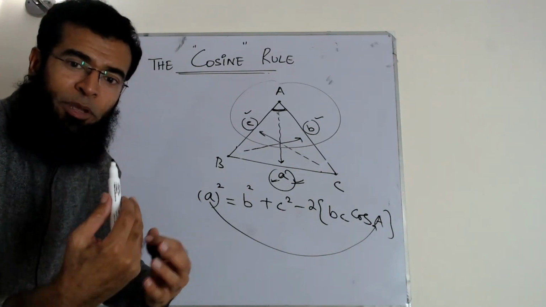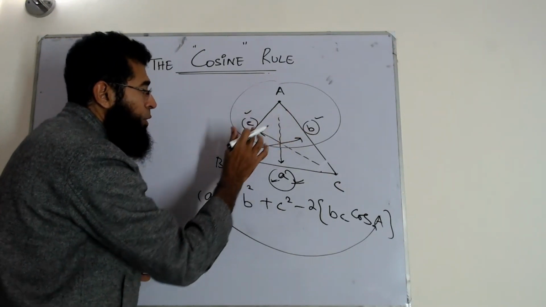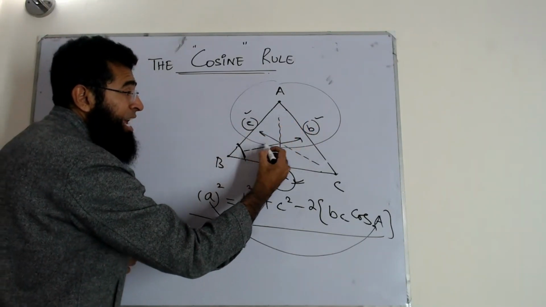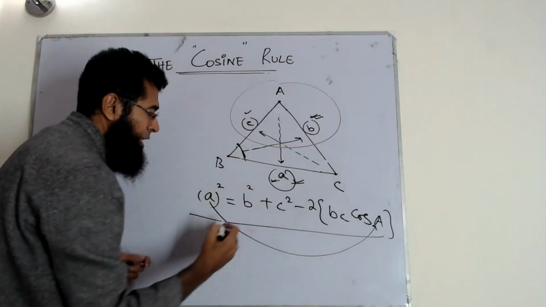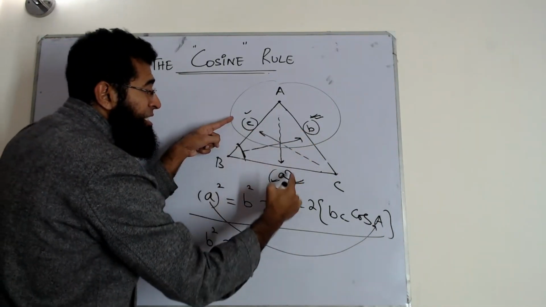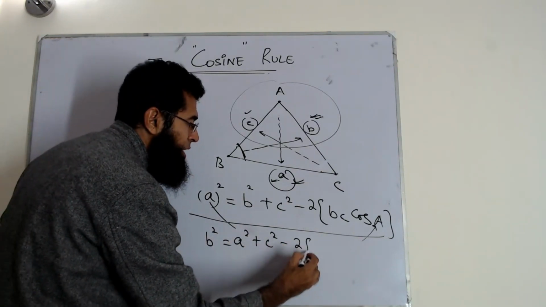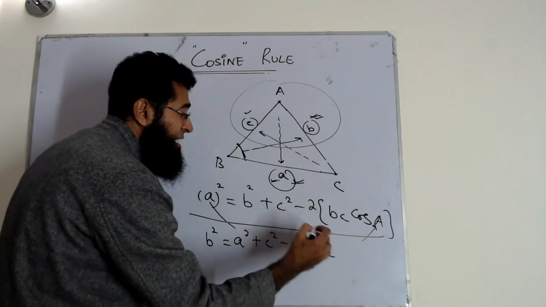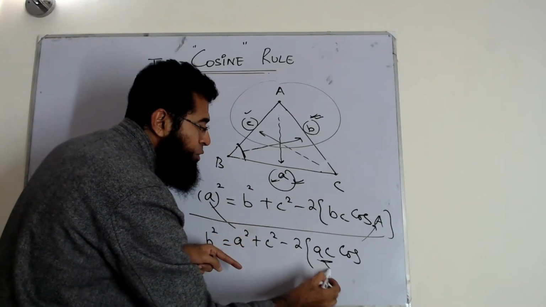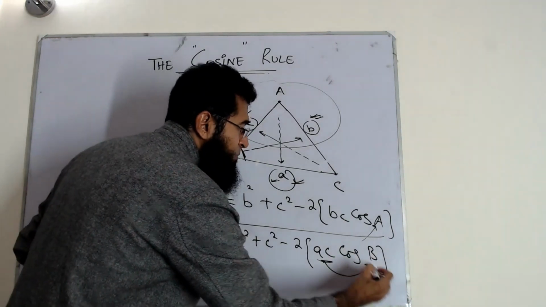So I know what will be your next question. For example, if this angle is given, the cosine rule will be: you will make the length which is opposite to this angle the subject. So the formula will be b square is equal to a square plus c square minus 2 times the product of these two terms, ac, and cos of the included angle between these two sides, which is cos B, right?